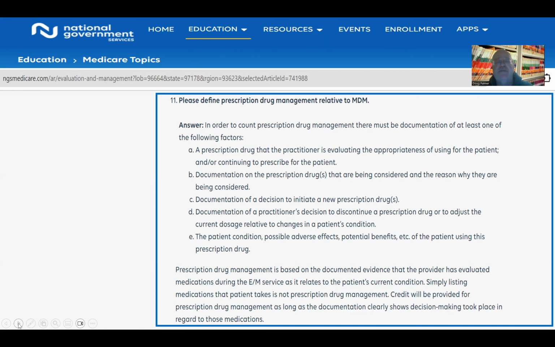The patient condition, possible adverse effects, potential benefits of the patient using this prescription drug. So back to letter A, a prescription drug that the practitioner is evaluating the appropriateness use of the patient and or continuing to prescribe for the patient. So again, NGS says continue present medications qualifies.